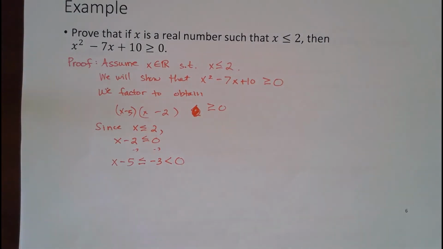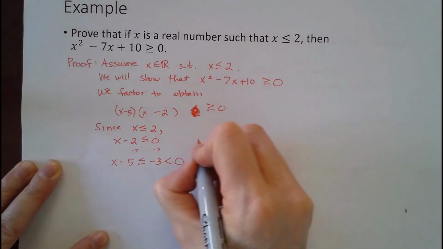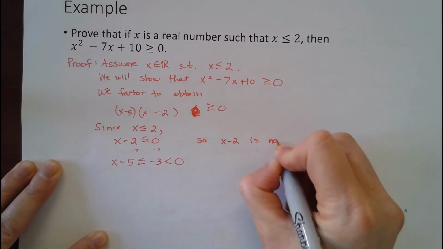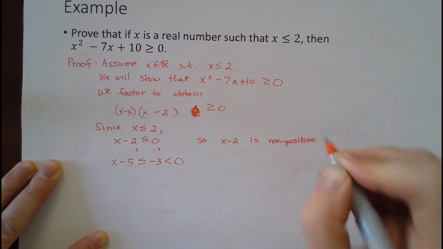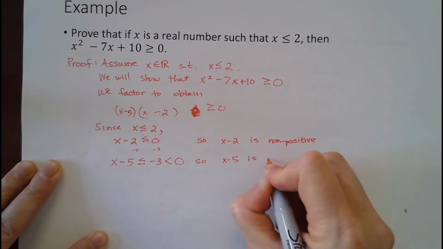So what can we say about x minus 5? Is that negative? Yeah. So this one, let me put here: x minus 2 is non-positive, and here, x minus 5 is negative.